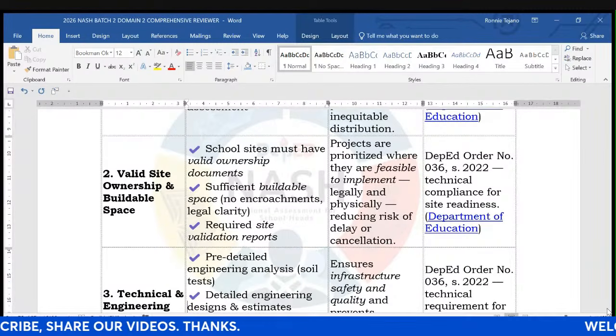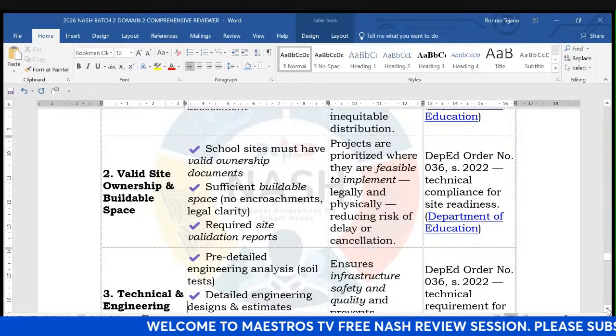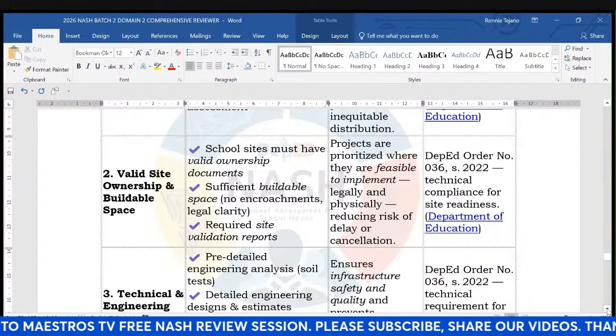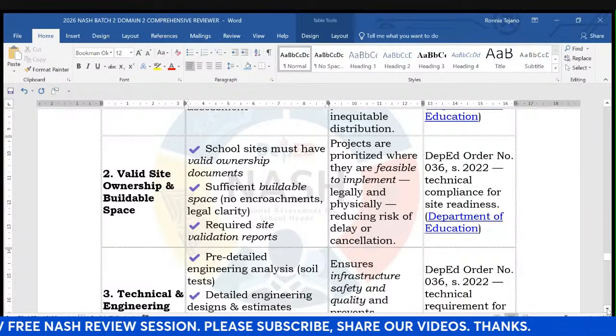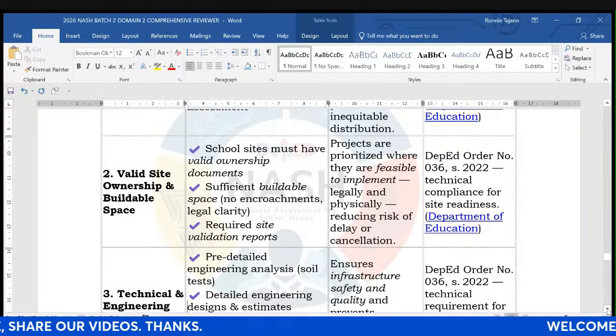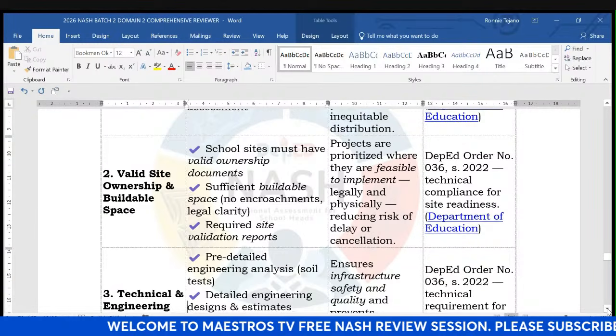No? Now, on valid site ownership and buildable space, the site should have valid ownership documents. Kung wala po kayong titulo sa school ninyo, delikado po kayo, you are not the priority. No? These are the projects prioritized where they are feasible to implement legally and physically, reducing risk of delay or cancellation of your application.